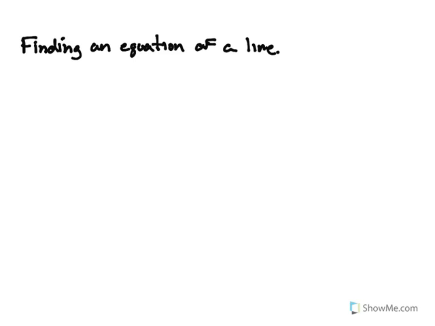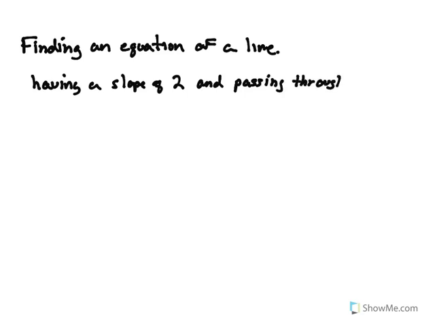Okay. So we want to find an equation of a line having a slope of 2 and passing through the point (-1, 7).